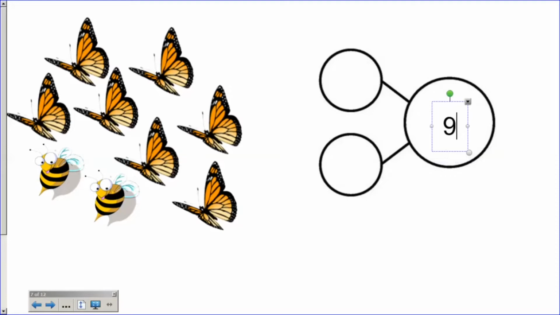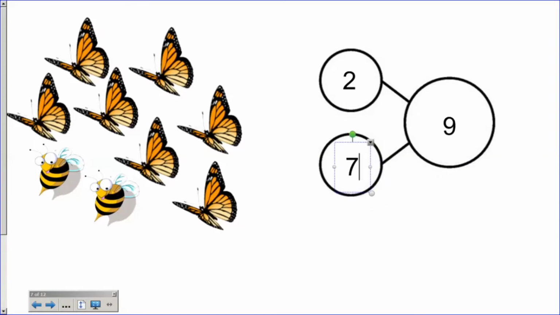How many bees visited? Well, good job, 2. Now let's take a look at the other part, the butterflies. How many butterflies? 1, 2, 3, 4, 5, 6, 7. There were 7 butterflies.